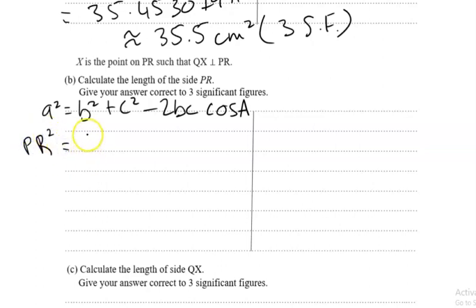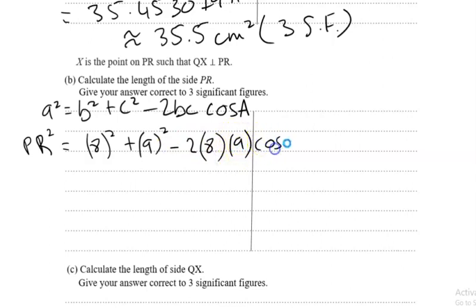PR squared is going to equal 8 squared plus 9 squared minus 2 times 8 times 9 cos 100. Now you square root this.